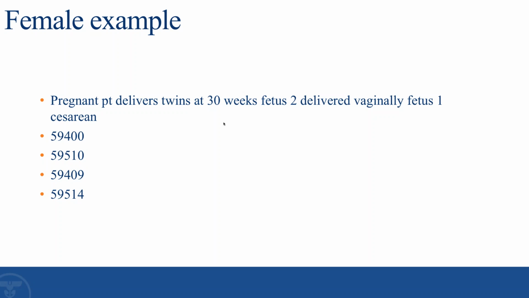Which codes would you use? I have a few here. It's not A, B, C, D, so it's not just one answer. Or is it just one answer? Okay, because we got delivery for one baby. I still am going to need the delivery of baby number 2.